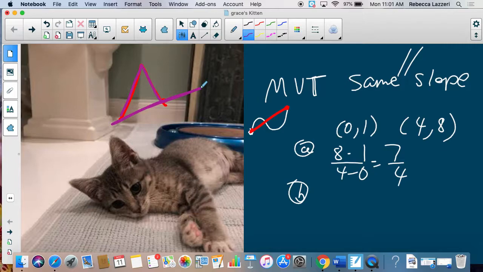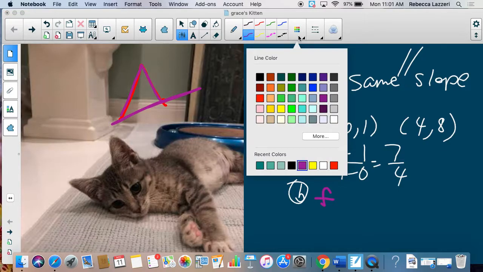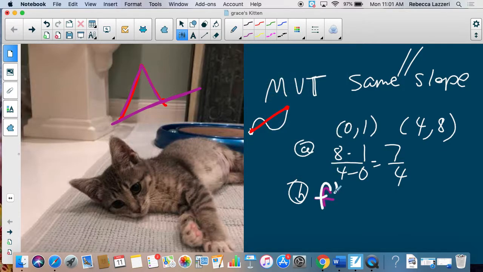So if the f of x I give you, you would take the derivative and set it equal to the slope that you found. You might get more than one answer. If appropriate, you just let the algebra take its course. And make sure that the answer is actually in the domain.